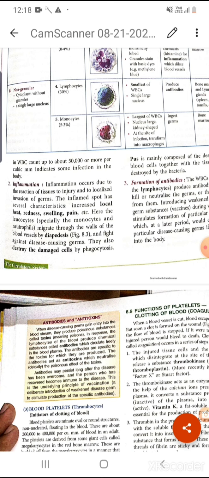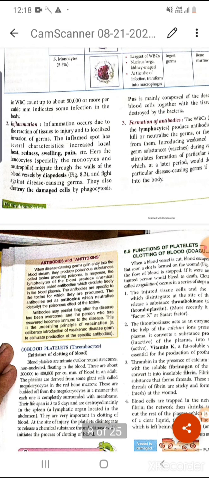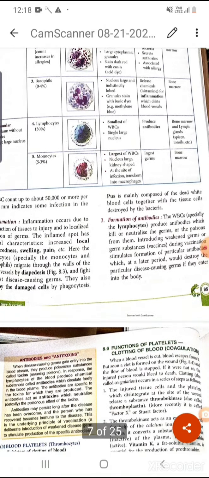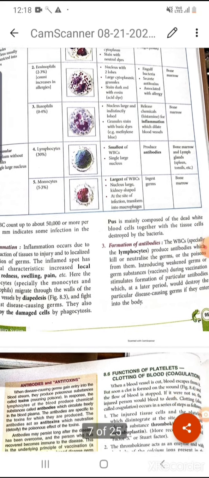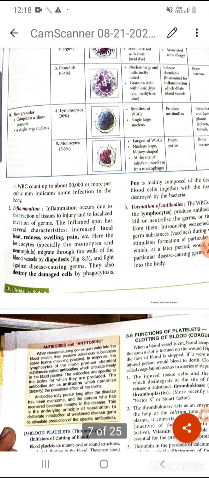Here the leukocytes, especially the monocytes and the neutrophils, migrate through the walls of the blood vessels by the process of diapedesis and fight against the disease-causing germs. They also destroy the damaged cells by the process of phagocytosis. Pus is mainly composed of the dead white blood cells together with the tissue cells destroyed by the bacteria.